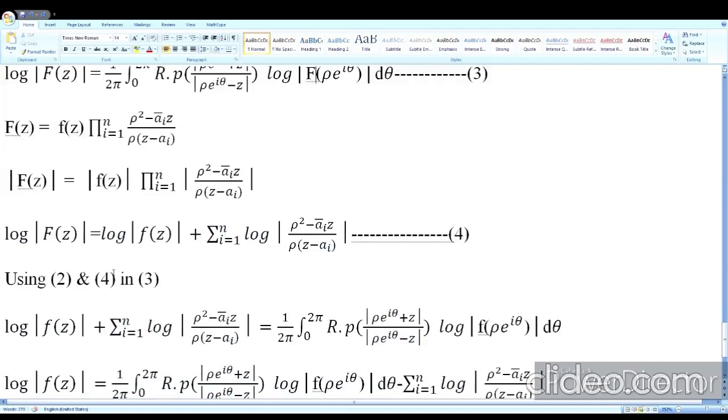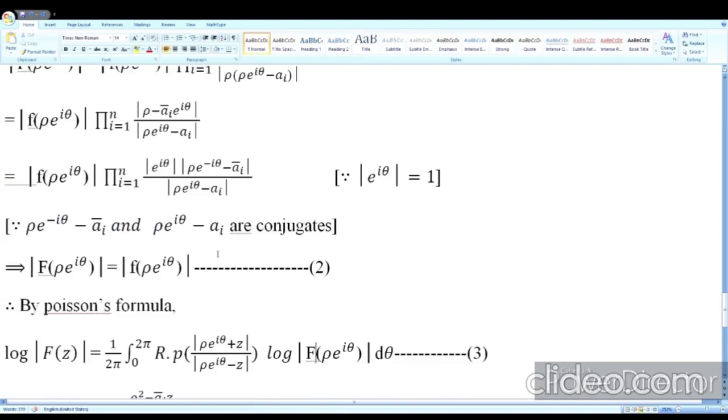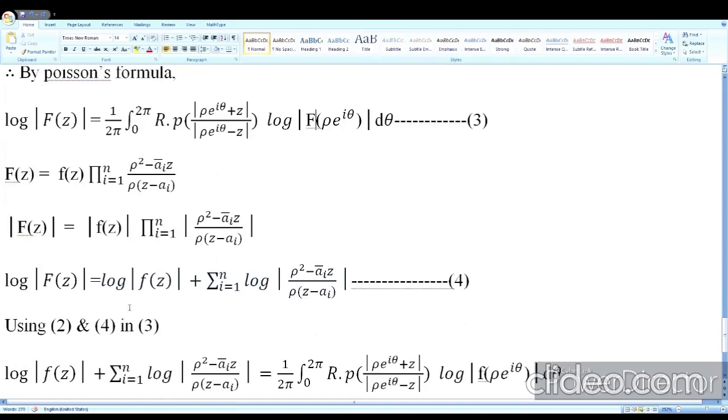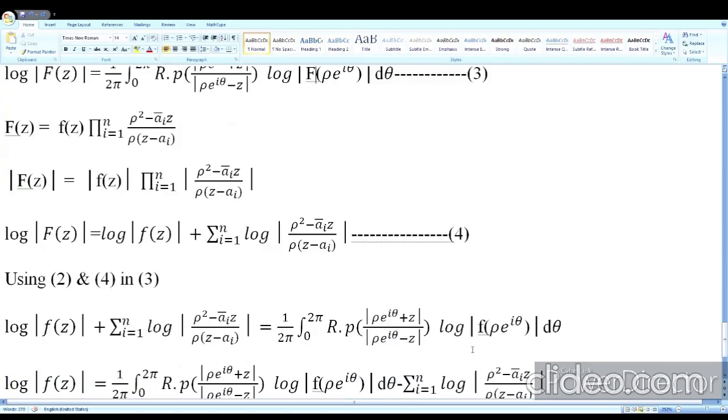Using the first value, that is equation 2, modulus of capital F equal to modulus of small f, and then this equation 4, we get log modulus of small f of z plus summation i varies from 1 to n log modulus of (rho square minus a_i bar z) by rho into (z minus a_i) equal to 1 by 2 pi integral 0 to 2 pi real part of (rho e power i theta plus z) by (rho e power i theta minus z) into log modulus of f of rho e power i theta into d theta.